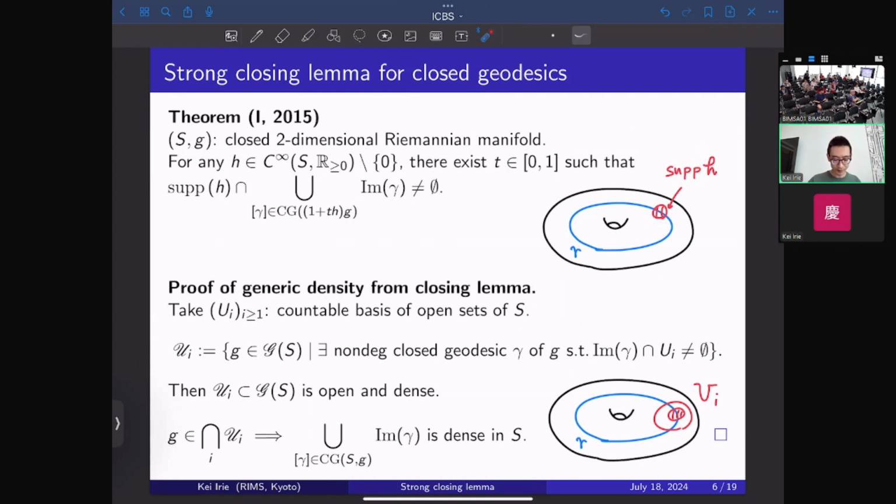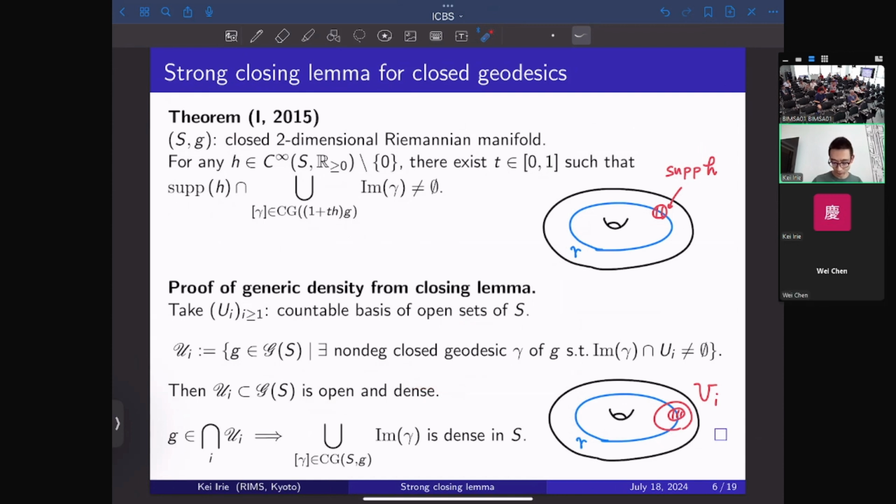Before that, let me sketch a proof of the generic density of closed geodesics from this closing lemma. So let U_i be a countable basis of open sets, and for each i, consider the set of metrics such that there exists a non-degenerate closed geodesic which intersects U_i. And now I claim this set is open and dense.